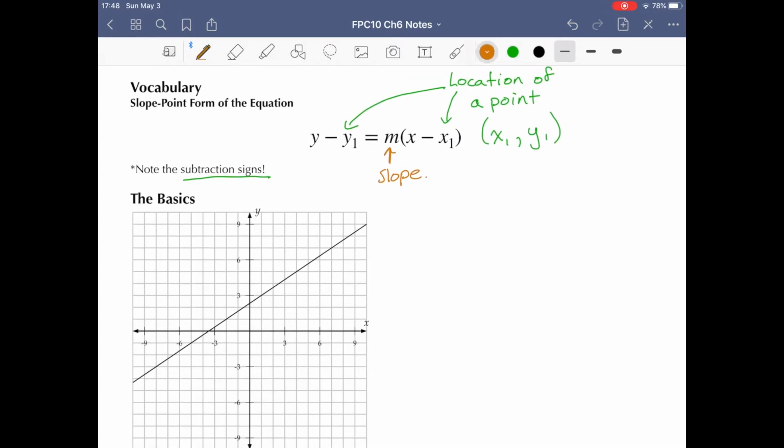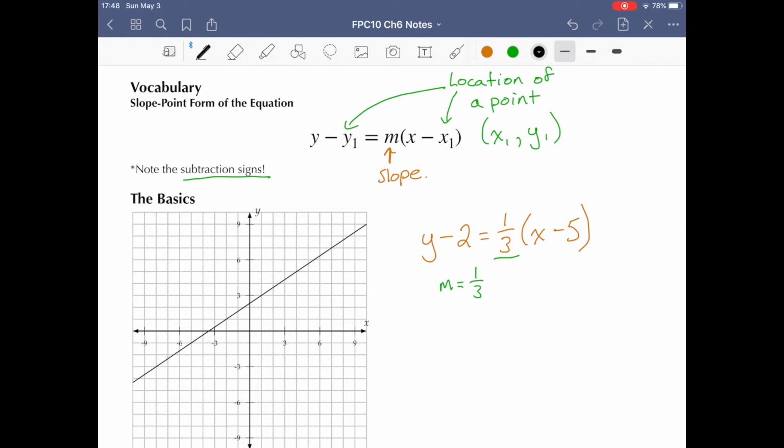All right, so first off, y minus 2 is equal to 1/3 times x minus 5. Now what does this mean? Well, this means that we're going to have a slope equal to 1/3.